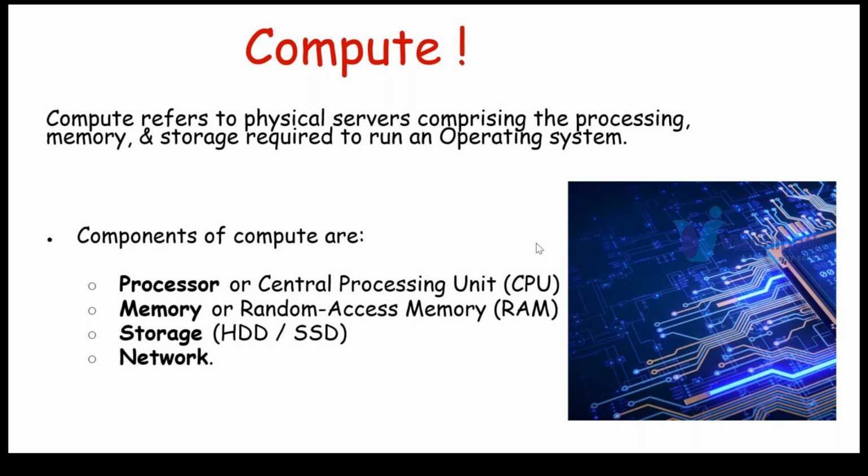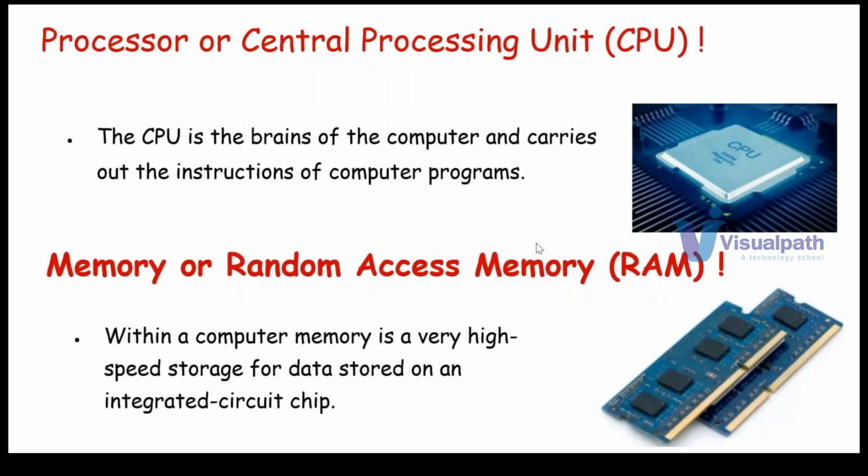Next we will discuss the processor, memory, storage, and networking. These are the four very important parameters to run any compute. Going to the next one, what is a CPU? Central Processing Unit. A CPU is the brain of a computer and carries out the instructions of computer programs.